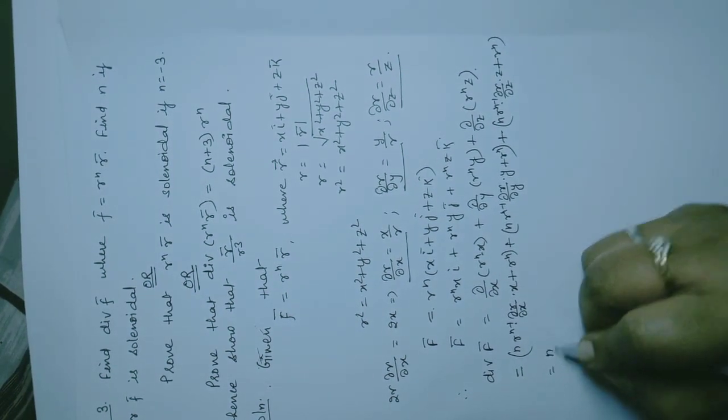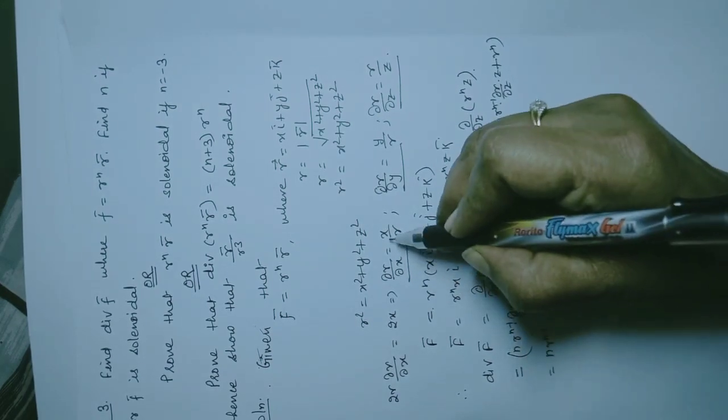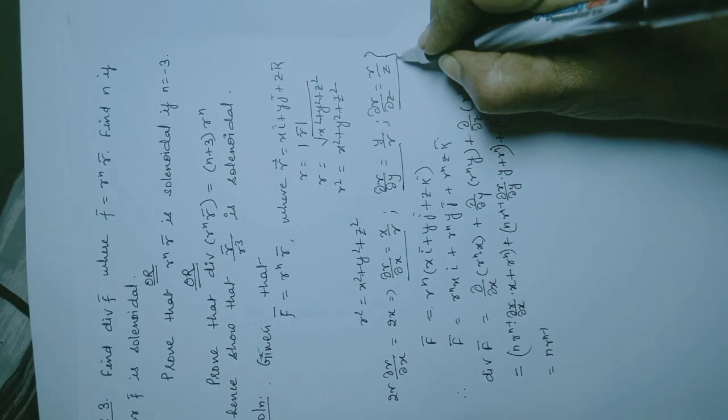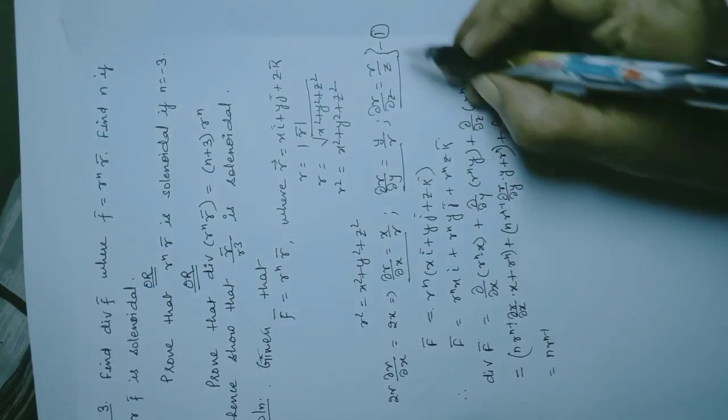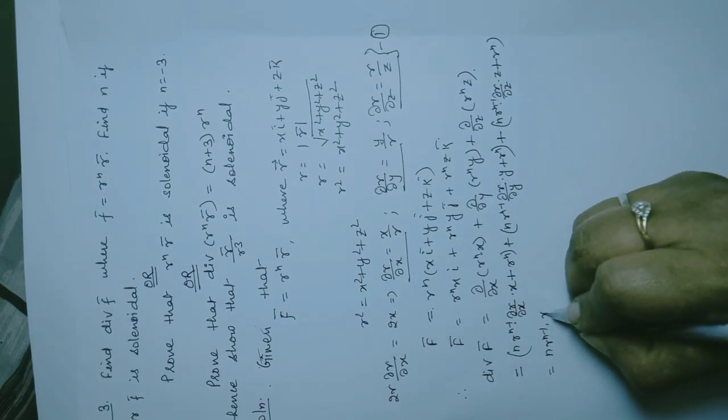So you get here n rⁿ⁻¹ value of ∂r/∂x. Let us call this equation number 1. So from 1 what you can get: ∂r/∂x equals x by r.